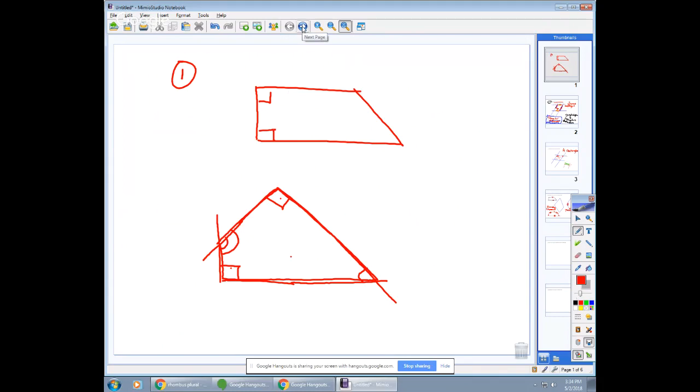1 pair of parallel sides and 2 right angles. Could it be a hexagon? Could it be a pentagon? Yeah, so play around, draw some pictures, see what you can come up with.